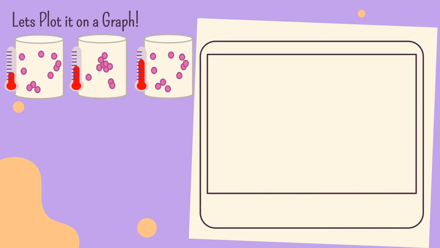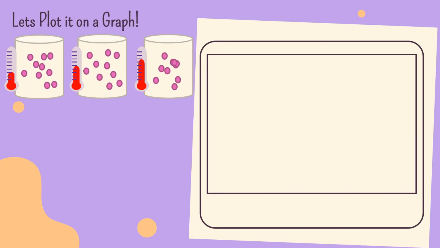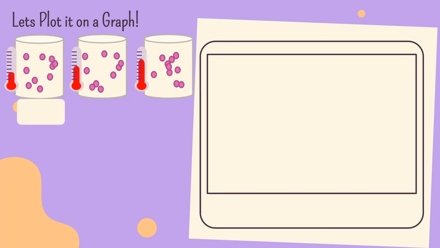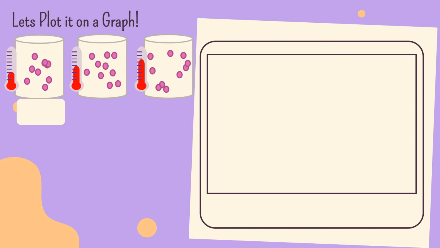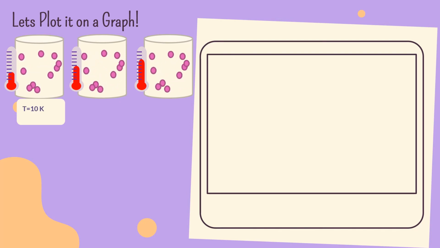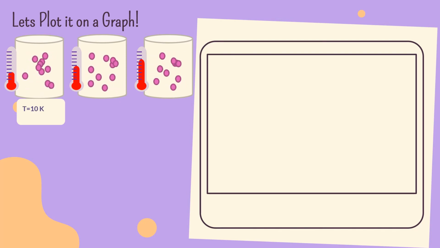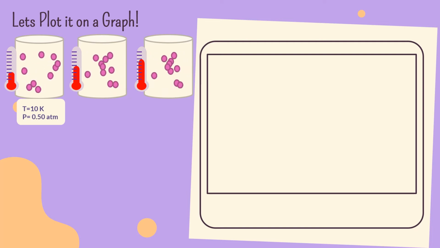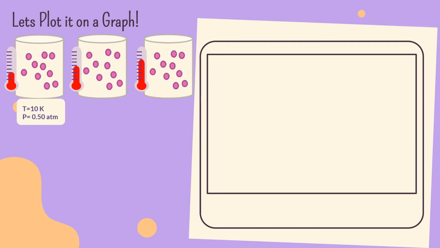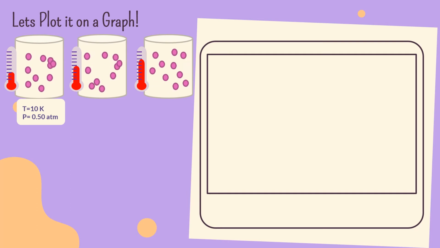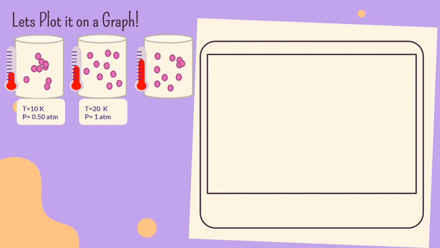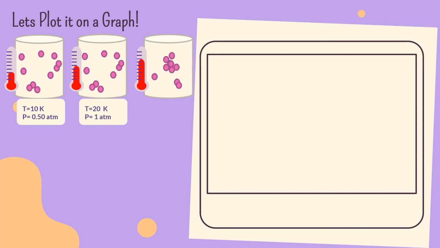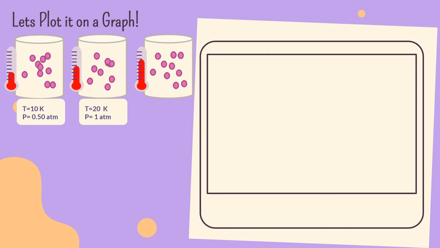Now, let's plot the pressure and temperature data of a gas and show it in a graph. Let's say we have gas molecules inside a fixed volume at a temperature of 10 Kelvin and a pressure of 0.50 atm. They experience a change in pressure and temperature, reaching 20 Kelvin and 1 atm.